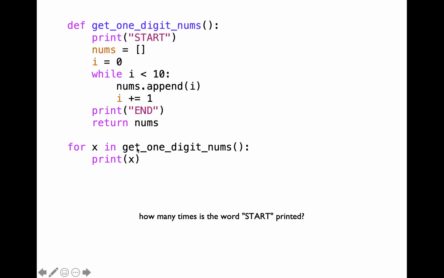So the way you need to think of this function call is that it gets replaced by the list that gets generated when we call that function, and in this case the list has items from 0 to 9 as per the while loop over here.